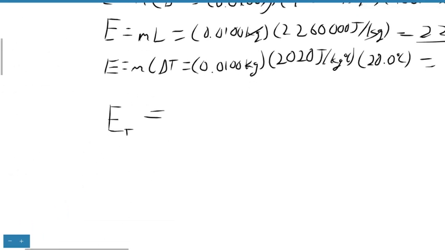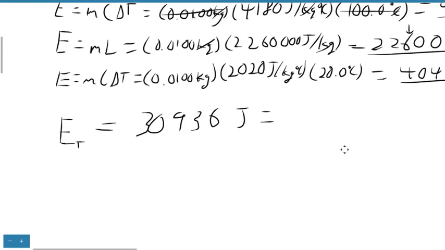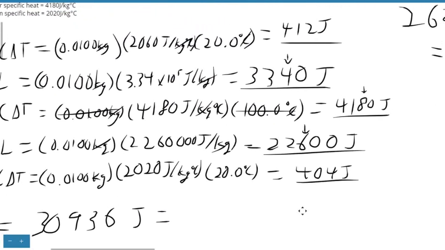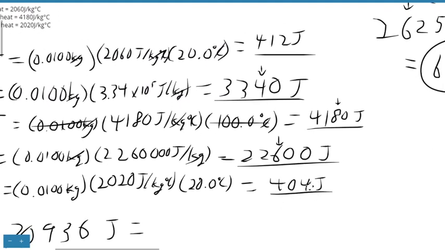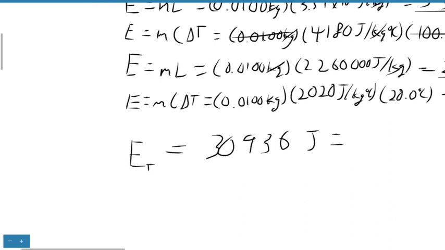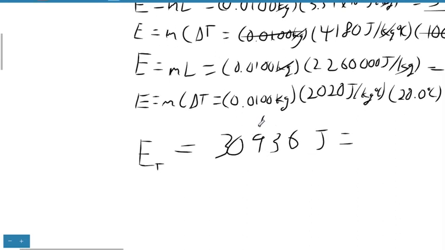We get E equals 30936 joules. Now we need to check the sig figs. So this one is on the units, this is on the hundreds, tens, units. So hundreds is the least precise, and for us the hundreds is the 9. So we do 30,900 joules. And that's it.